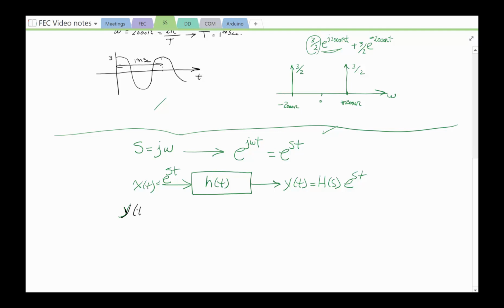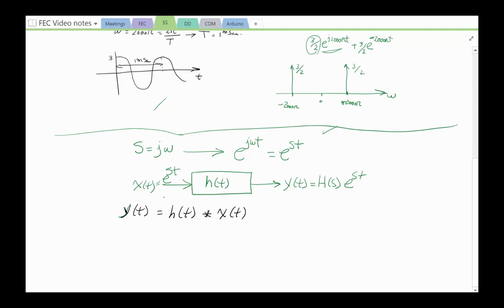So y of t was what? Was x of t, right? Or I'm going to write it the other way because of some things I want to do. So h of t, I'm going to call this one h of t convolved with x of t. So far nothing new, we're just convolving to get the output. But how could I get an h of t that's going to help me do this, where x of t comes in?